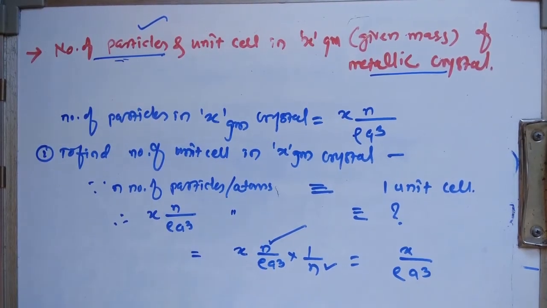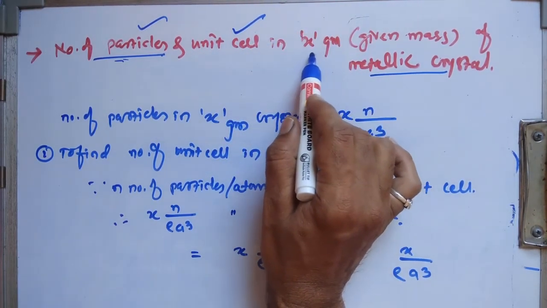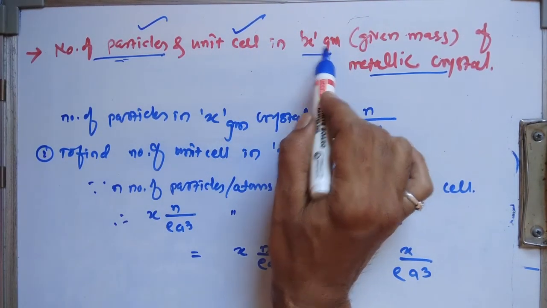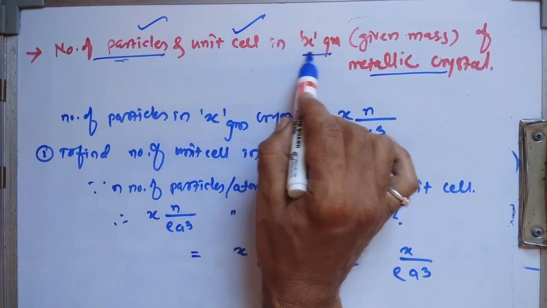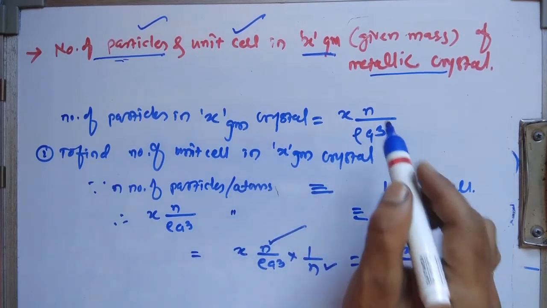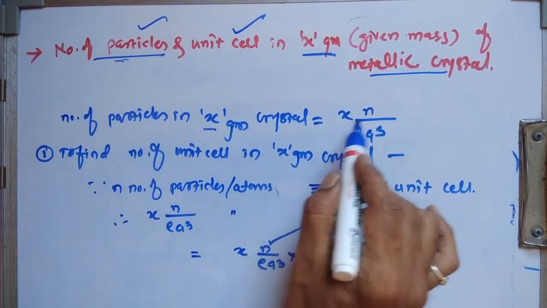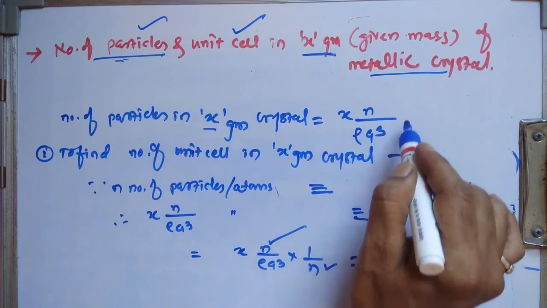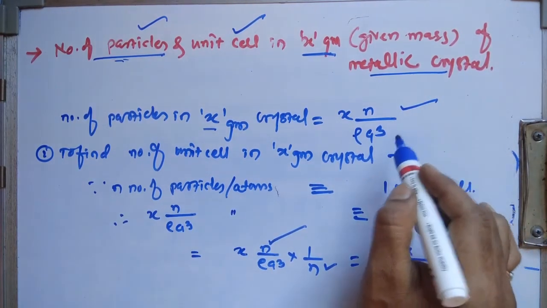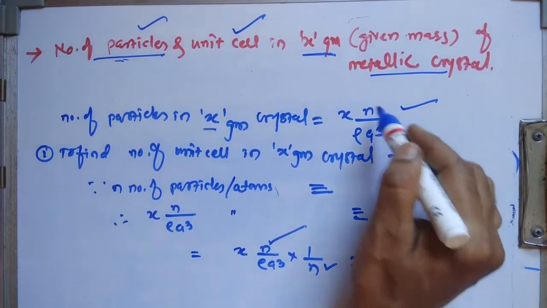So the next thing is to find out the number of unit cells in X gram of the metallic crystal, or the number of unit cells that constitute X gram of the metallic crystal. Now we have found the number of particles in X gram of the crystal, X into n upon rho into a cube. We have just seen how to find out the number of particles, so this is the formula.